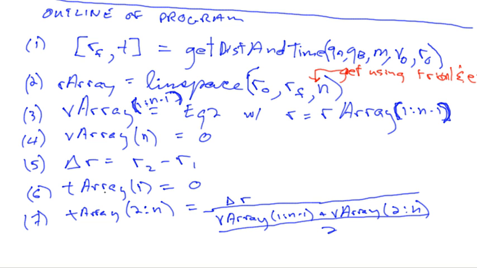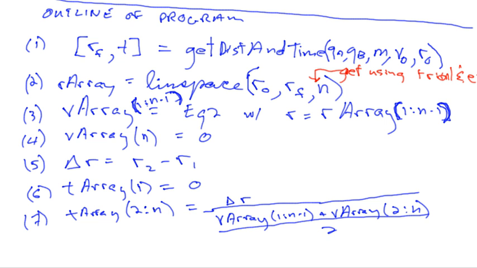Then for the next one, where this will be 3, delta r will be the next one, and it'll be the second value of the velocity plus the third value of the velocity, all divided by 2. So that should give me the rest of the array of time values.